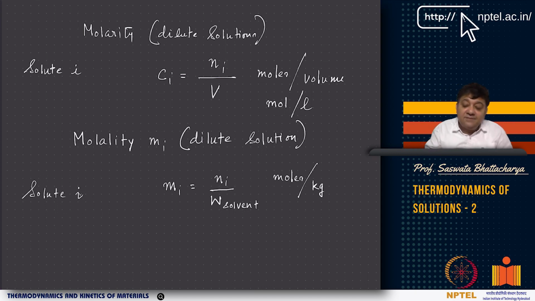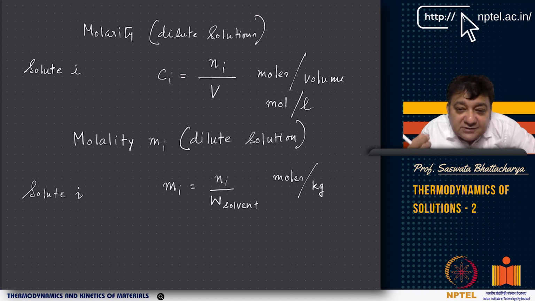So you are trying to find the moles of solute per unit volume. But in the solution, the contribution of solvent to V is enormous compared to that of solute. That's the dilute solution.